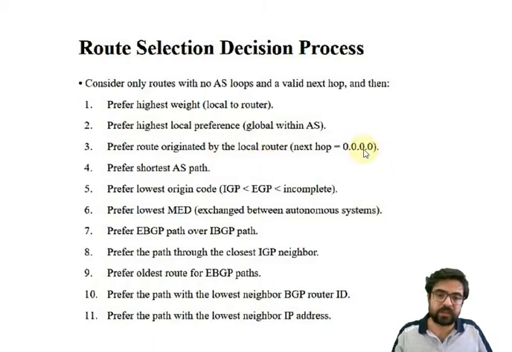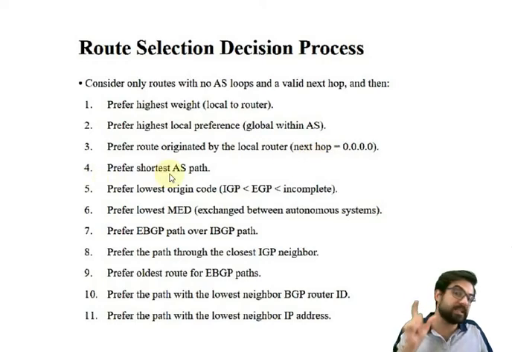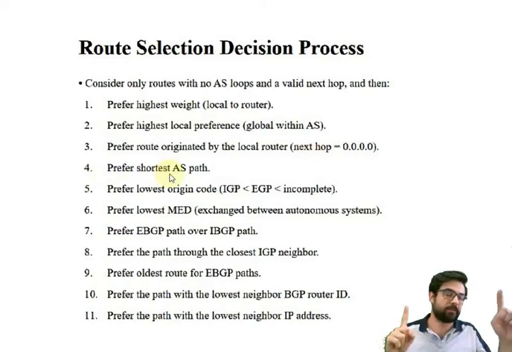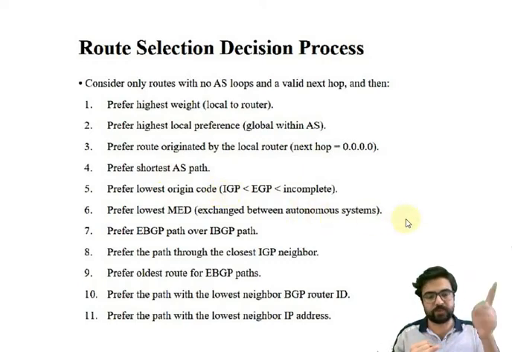So this, for example, has the highest priority, and then shortest AS path. We know about the AS path that it is gonna prepend, so the shortest here is the better, and then after that it prefers the origin. So first IGP, then EGP, which should be E, and then incomplete, which is a question mark.